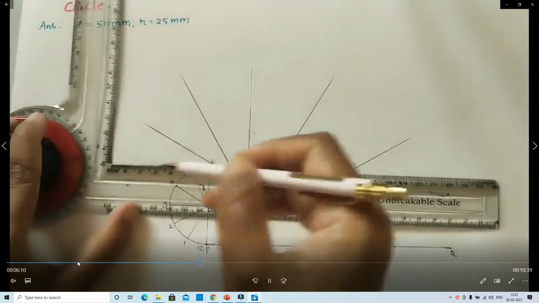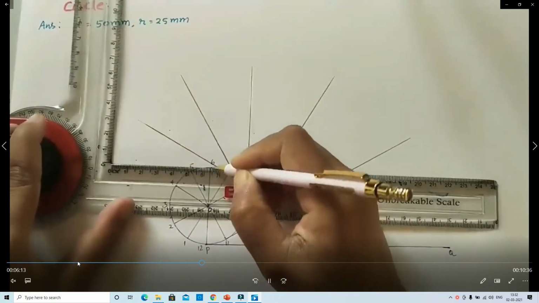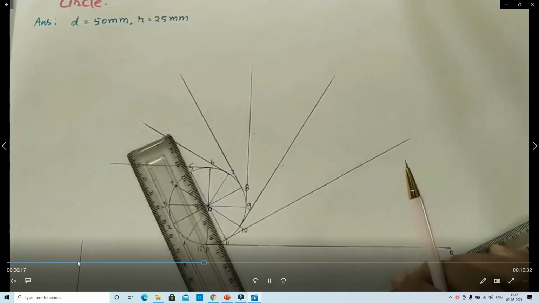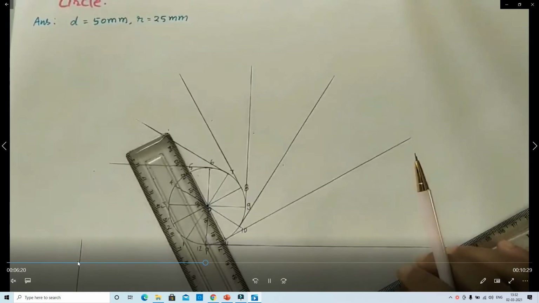You observe that at each and every point on the circle we draw the tangents.